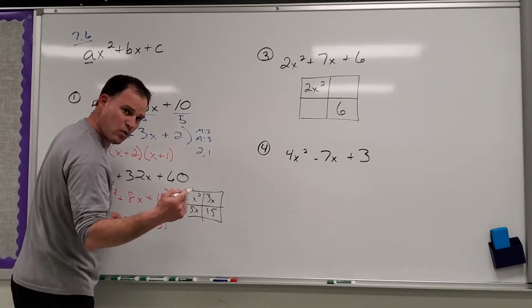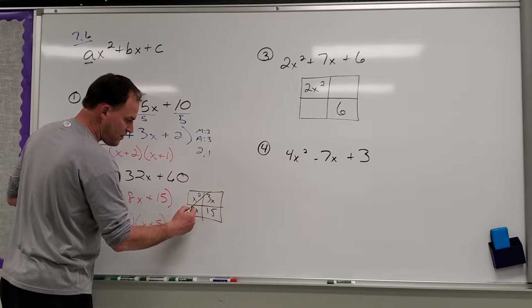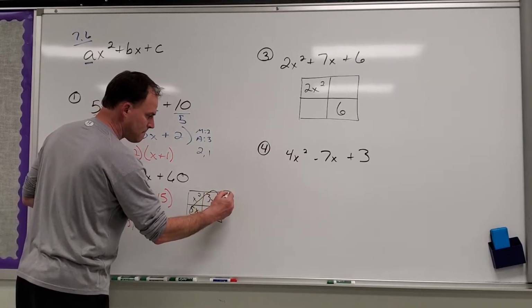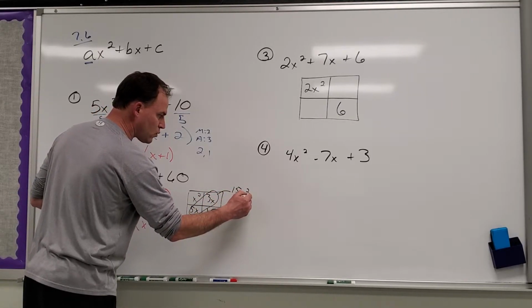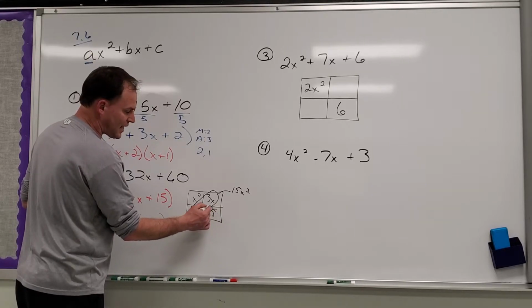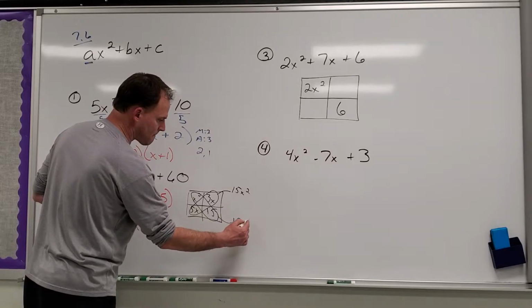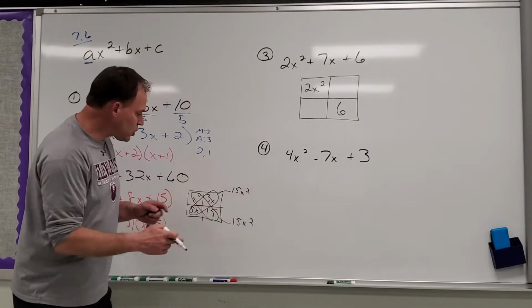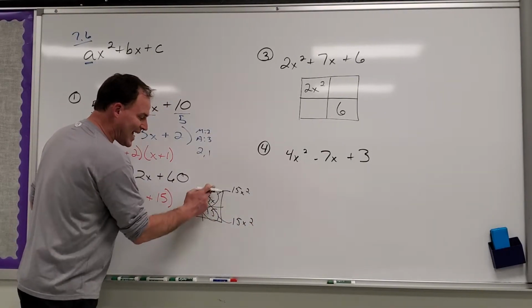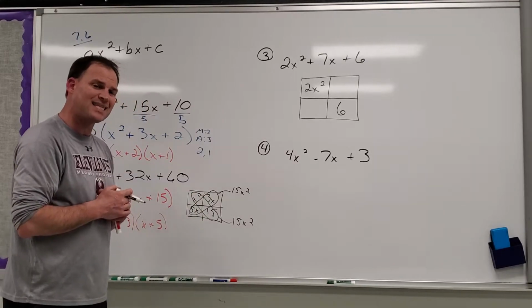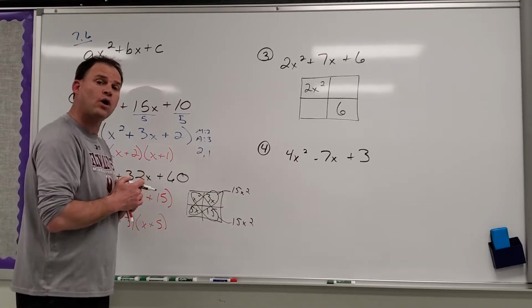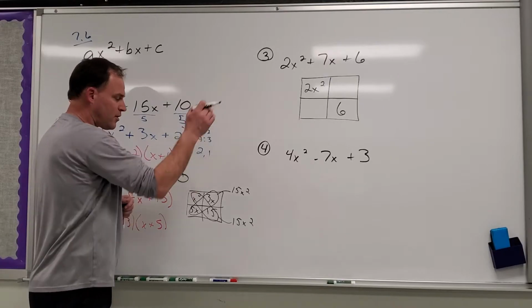Well, I left out one step. These multiply to be 15x squared, but this is just 15. I need to think about it as those. If we include this first square, the diagonals multiply to be the same number. And that always works. And that's how we figured it out before.